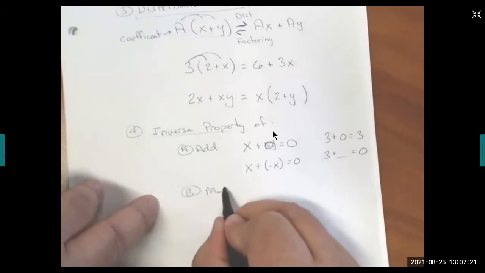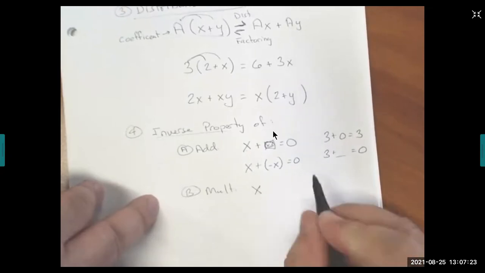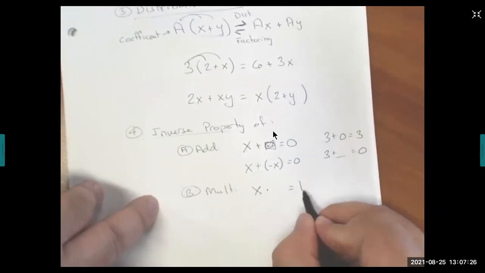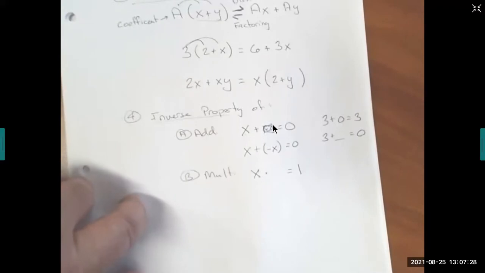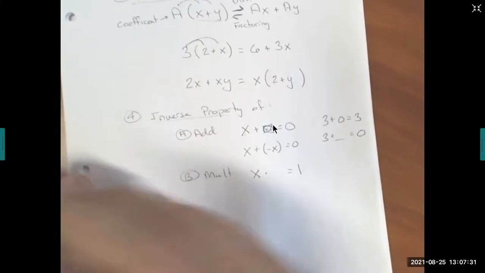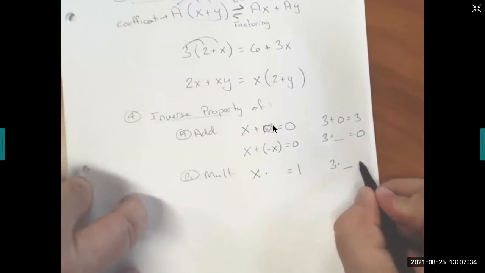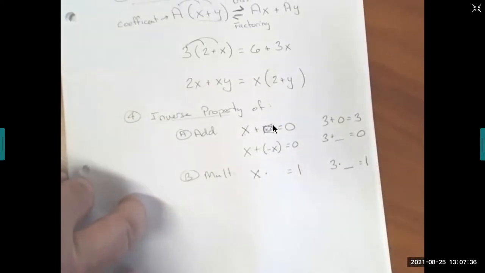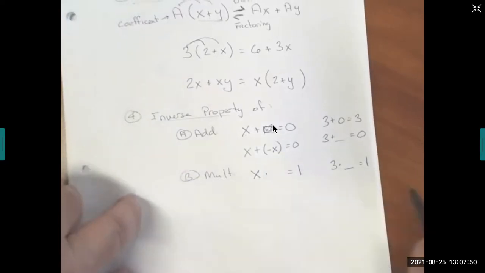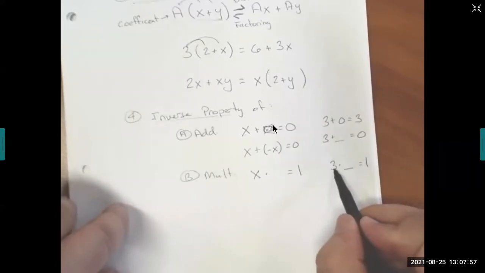For multiplication, what times x gives me 1? 3 times what gives me 1? What's that? Nope. -3 times 3 is -9. So how do we cancel 3? What do we need?